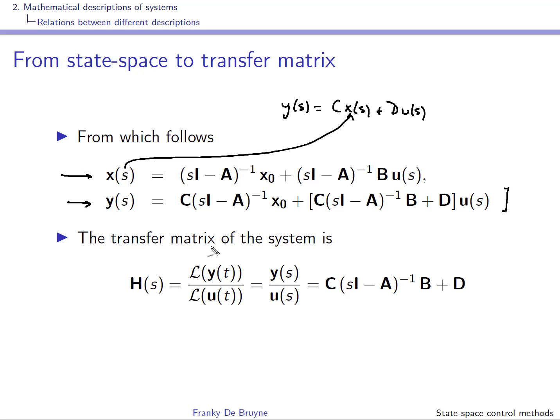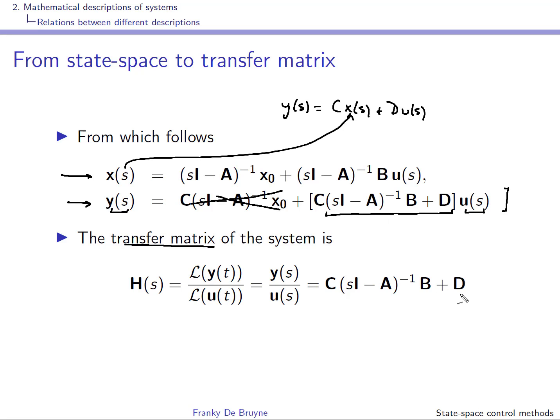And now we can obtain the transfer matrix of the system, and the transfer matrix is the relation between the input and the output when we have initial conditions that are zero. So if the initial conditions are zero, this term over here disappears, and the relation between u of s and y of s is this quantity over here.